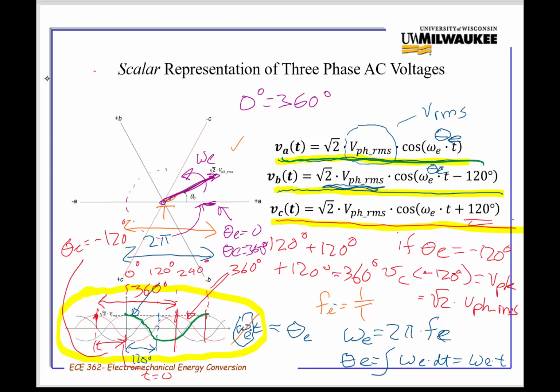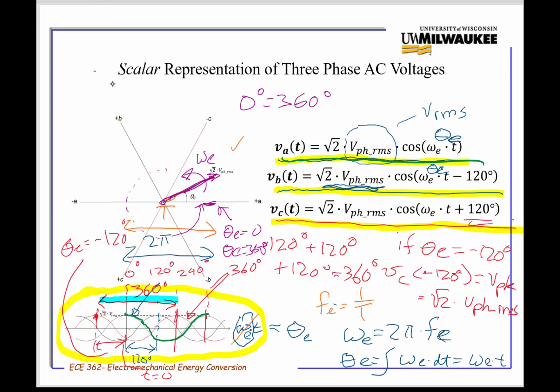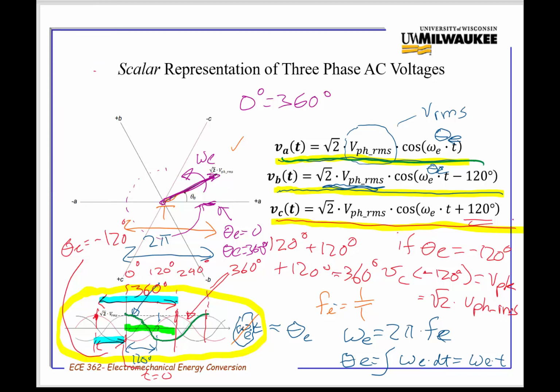So if I want to take the difference between these two angles, I'm trying to find out what is the angular space here. So 360 degrees minus 120 degrees is 240 degrees.